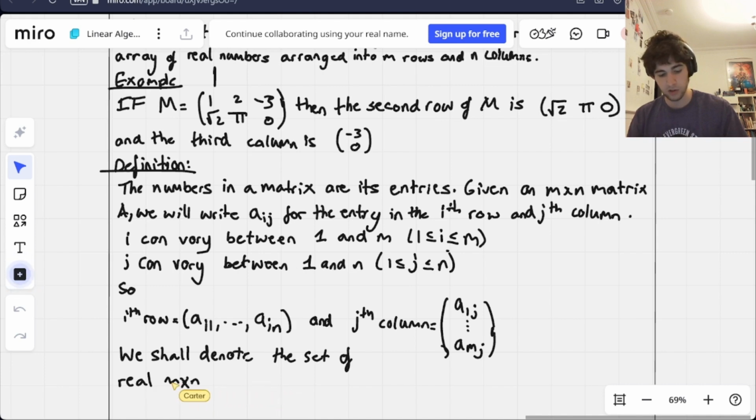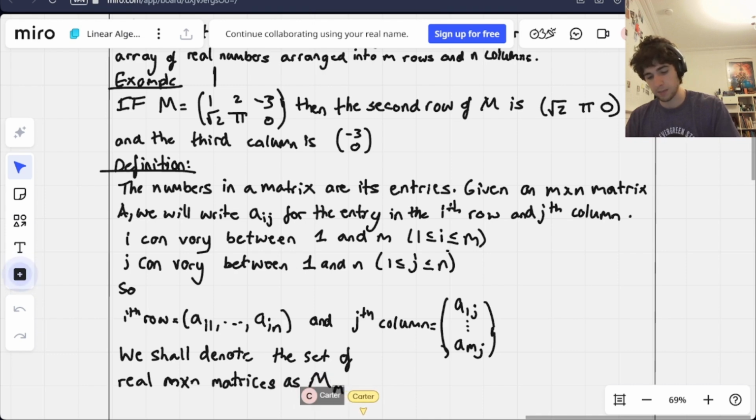It's going to be infinitely many, but we can still put that all into a set as long as there are no contradictions with its existence, which in this case there wouldn't be. So we shall denote the set of all real m by n matrices as capital M, followed by lowercase m, lowercase n, right?